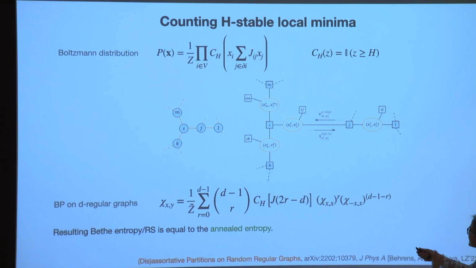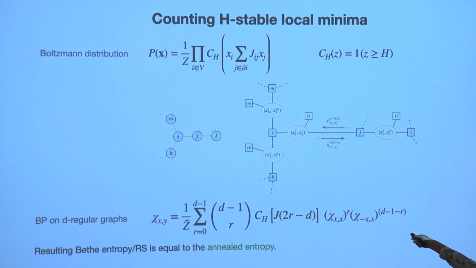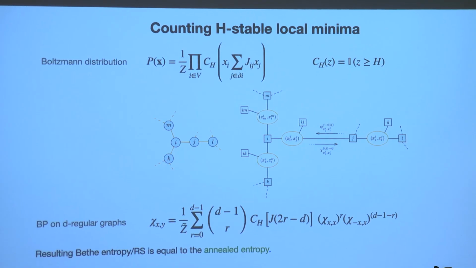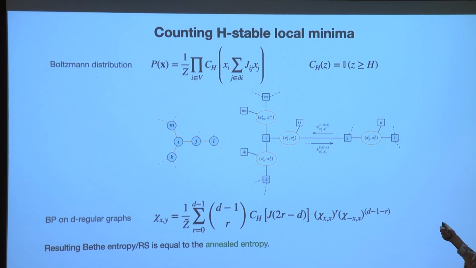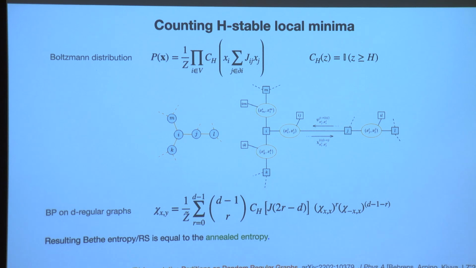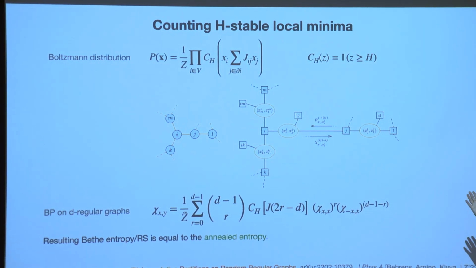With the equations that we derive in the class, we write what it means to be an h-stable local minimum via a probability distribution written above. Then we realize that if we naively draw a graphical model corresponding to this, this will have a lot of short loops.